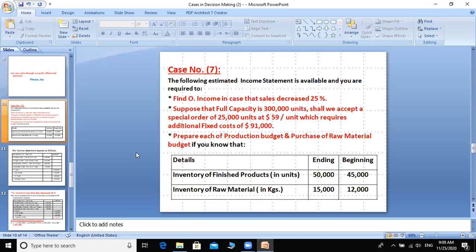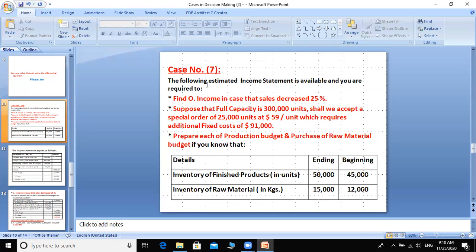Case number 7. This case is regarding decision making in its first 2 requirements. But the third requirement is related to budgets. Budget is the new topic I will begin with you next Monday, inshallah.